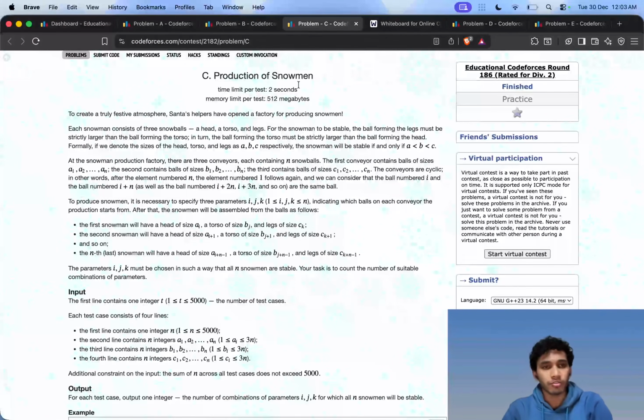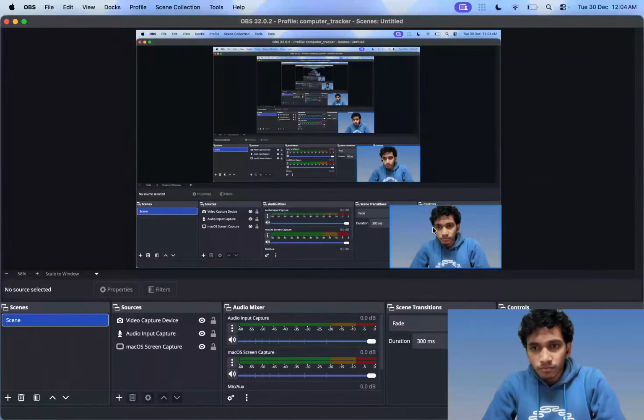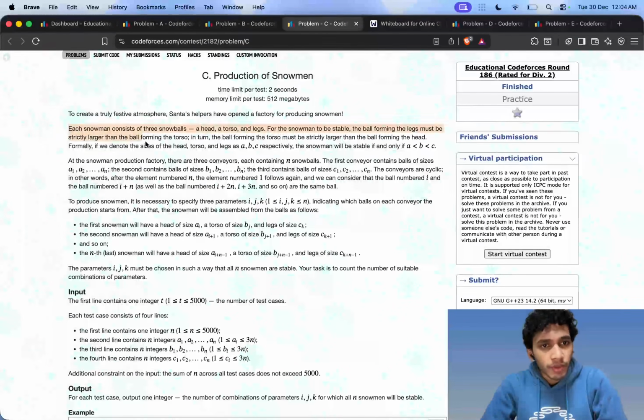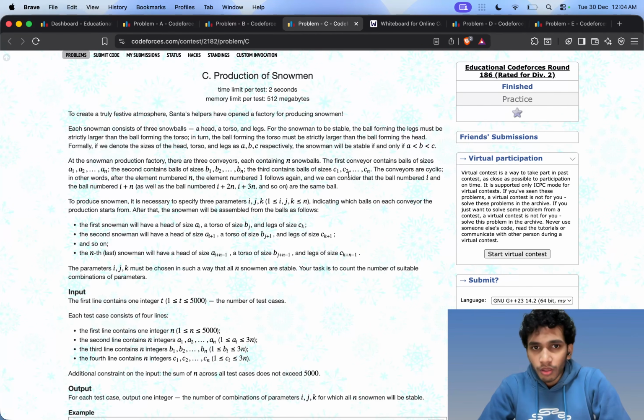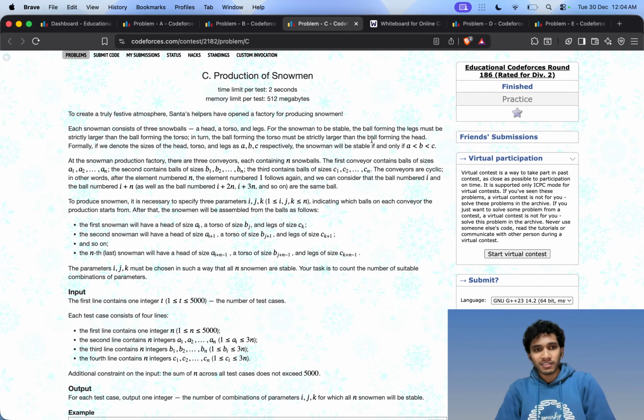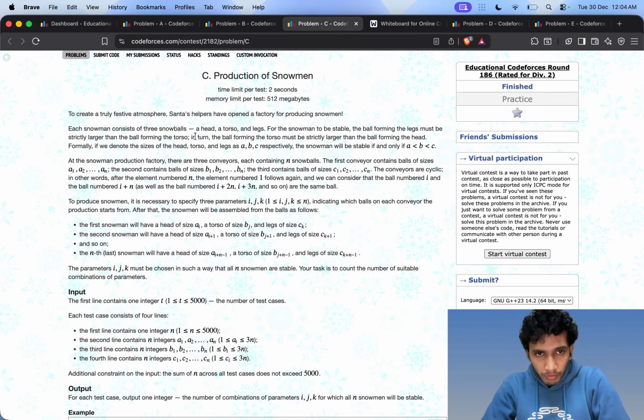Okay, let's move to the next problem, which is production of snowmen. To create a fully festive atmosphere, Santa's helpers have opened a factory for producing snowmen. Each snowman consists of three snowballs: a head, a torso, and legs. For the snowman to be stable, the ball forming the legs must be strictly larger than the ball forming the torso.